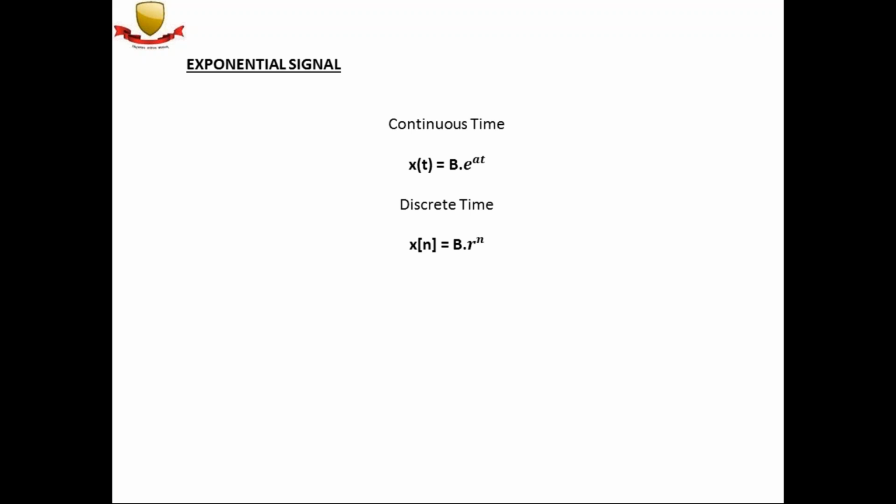For continuous time, it is x(t) = b e^(at), and in discrete time, it's x[n] = b r^n. Here b is basically the amplitude of the exponential signal, measured at time t equal to 0. That is the moment when we switch on the switch.